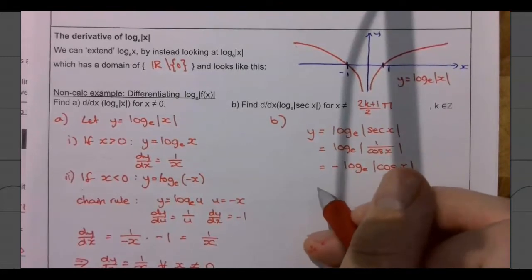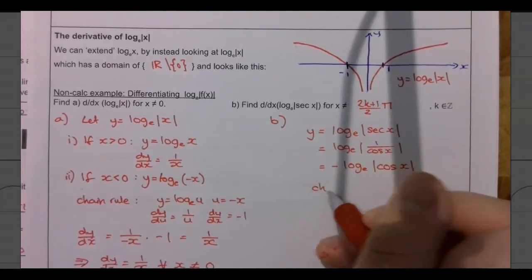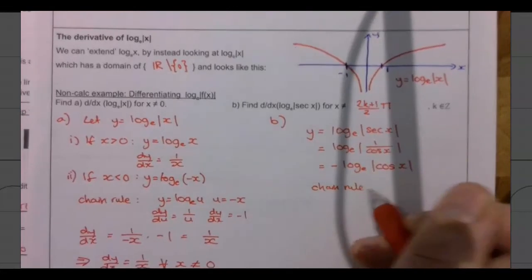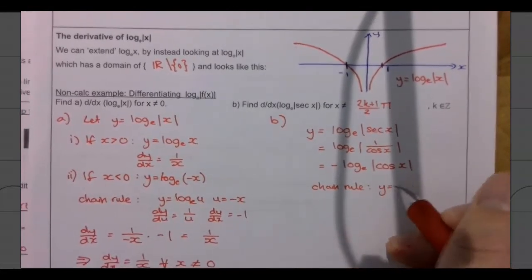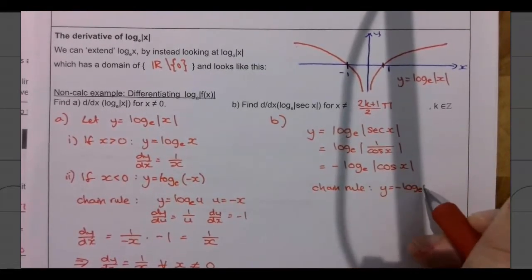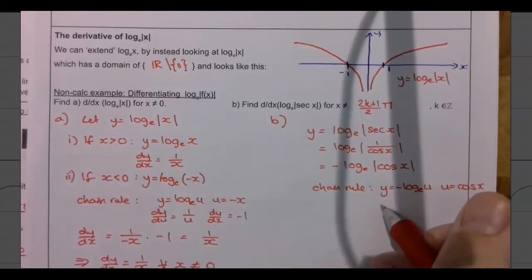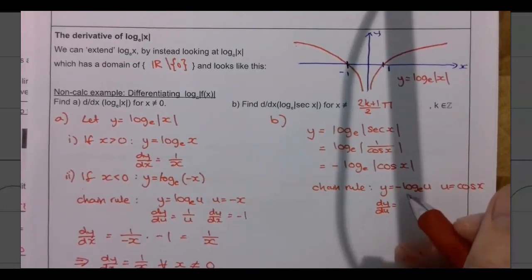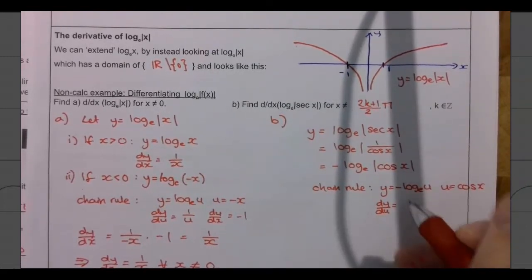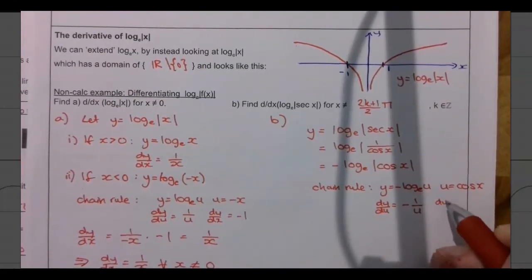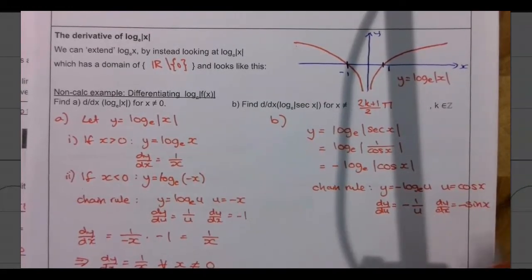So what I'm going to do here is use the chain rule, and state it. My outer function is y equals minus log of u, and my inner function is u equals cos x. I'm going to differentiate both of these. So dy by du, the minus sign is retained, so minus 1 over u, and du by dx, remember that cos gives us negative sine x.